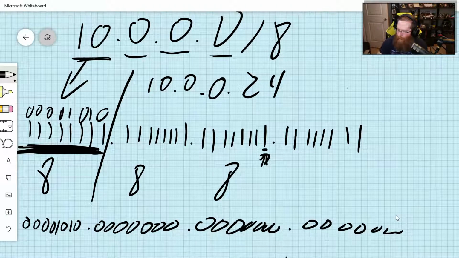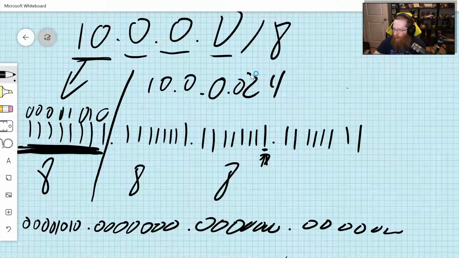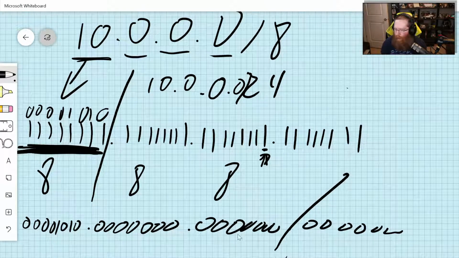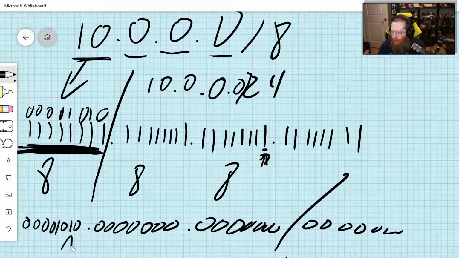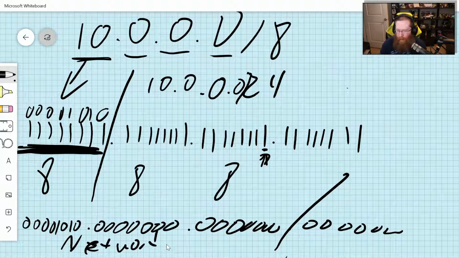Okay. So if we had created that 10.0.0.0/24, everything to the left of that is our network mask. That's our network because of where that 24 slot was.